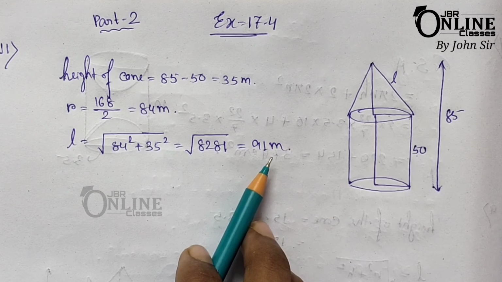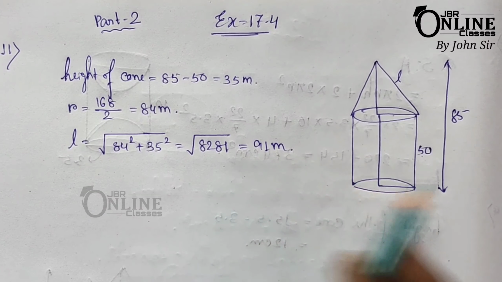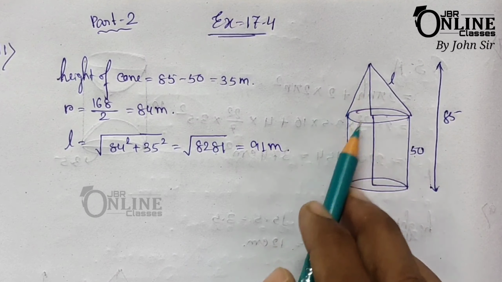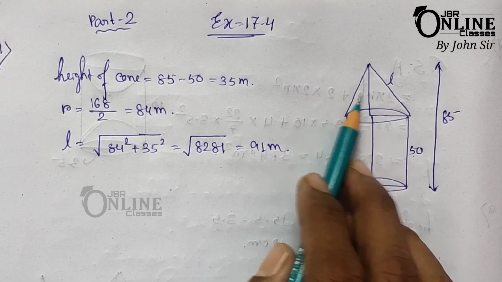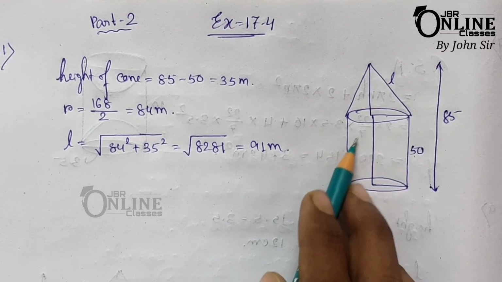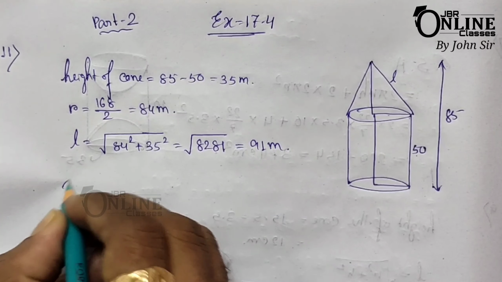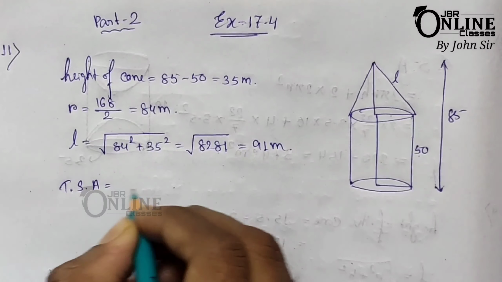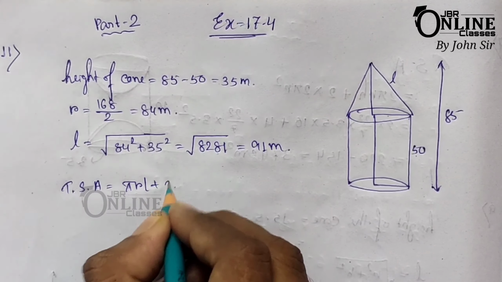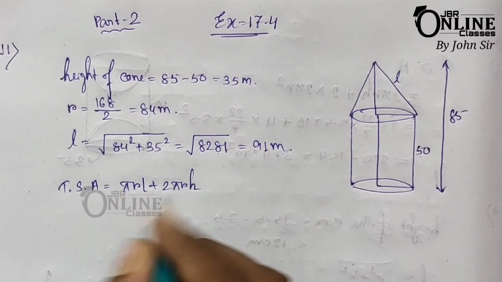Now you have to find out the total surface area. To find out the total surface area, first you have to find out the surface area of the cone, that is pi r l, and next the curved surface area of the cylinder, that equals 2 pi r h. So total surface area equals pi r l plus 2 pi r h.